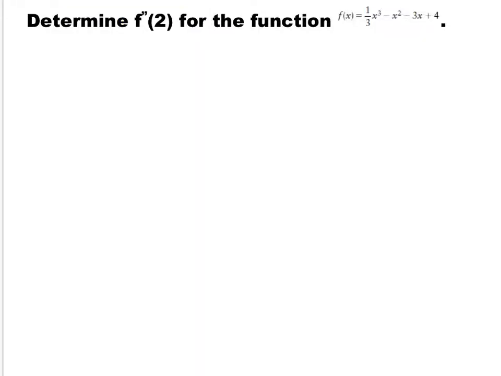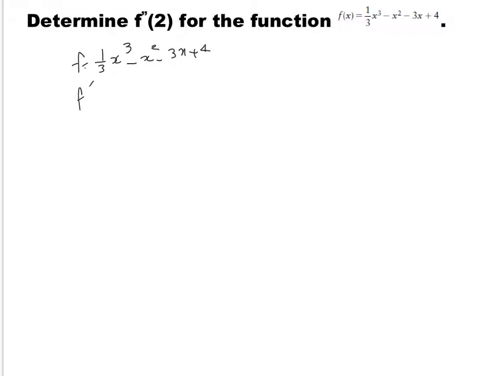In the first example, we have been given f of x to be 1/3 of x cubed minus x squared minus 3x plus 4. We are supposed to find the second derivative of f at x equal to 2. So again, f is 1/3 x cubed minus x squared minus 3x plus 4.